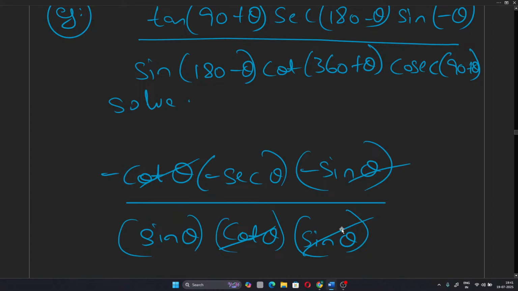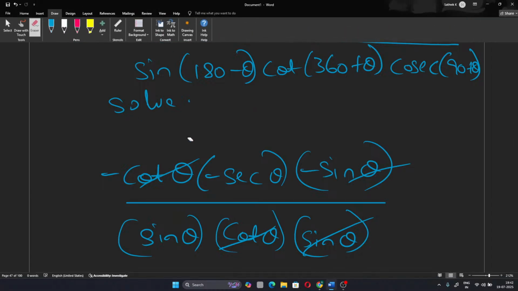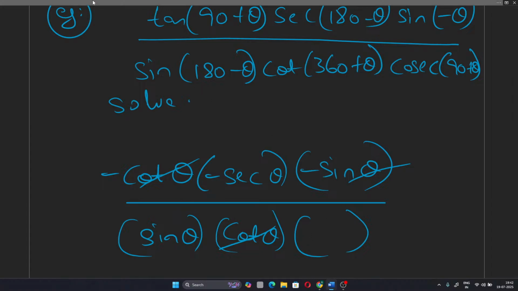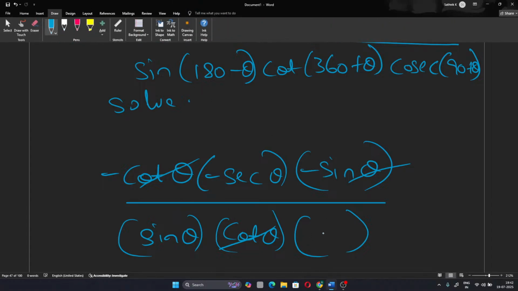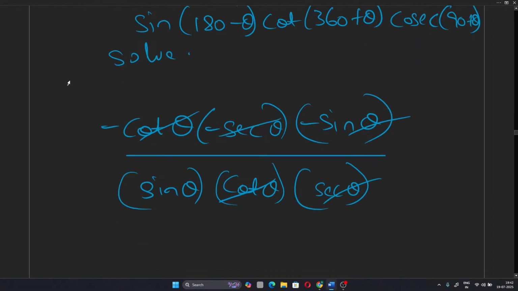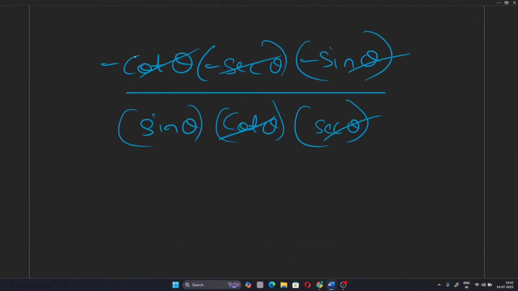Cosec 90 plus theta is not sine theta, I forgot, it is secant theta. So secant cancels, and we will get minus into minus into minus, so minus 1 is the final answer.